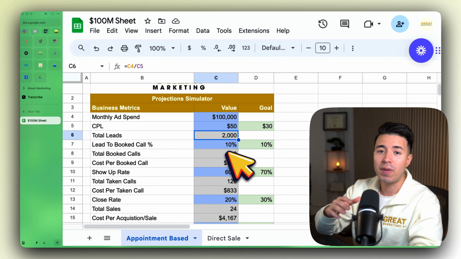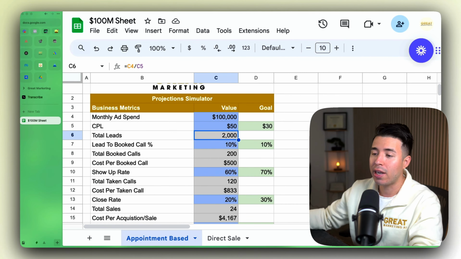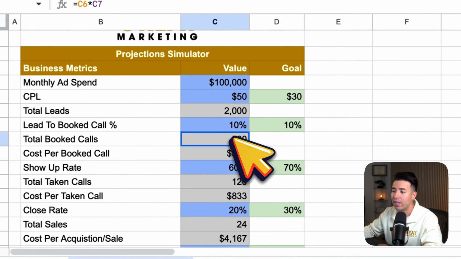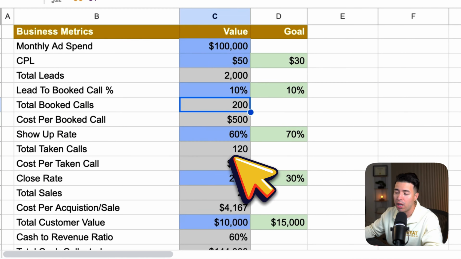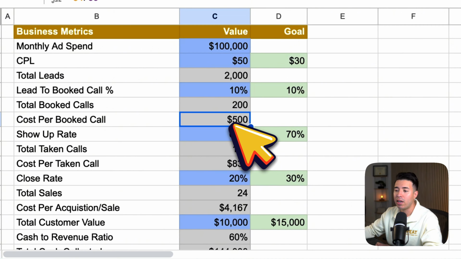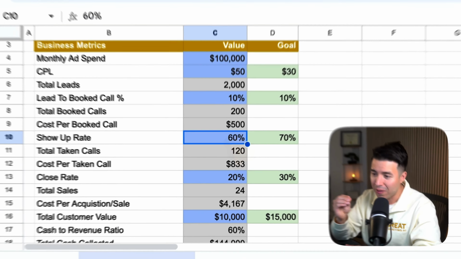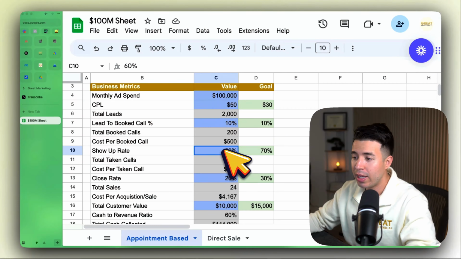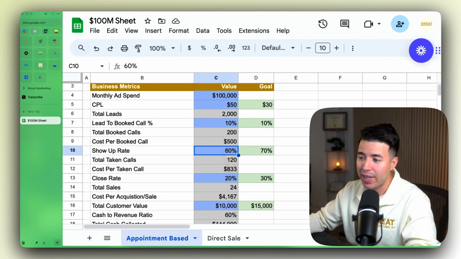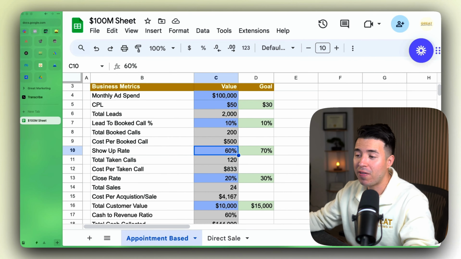And this could be from them self-booking or a setter booking that appointment. Then that means we're going to have 200 booked calls, and our cost per booked call is going to be $500. And let's just say our show up rate for this example is 60%. In general, we want to be in between 60 to 75% show up rate.